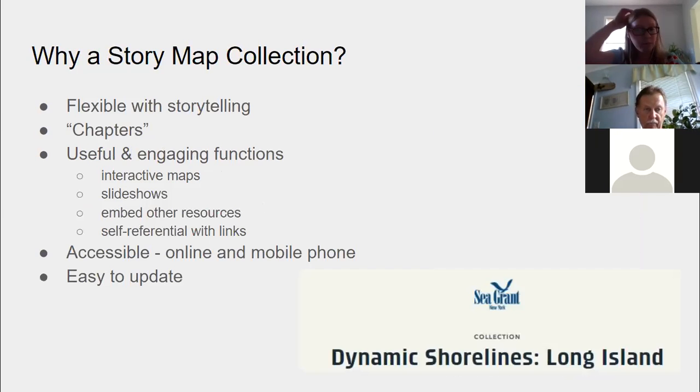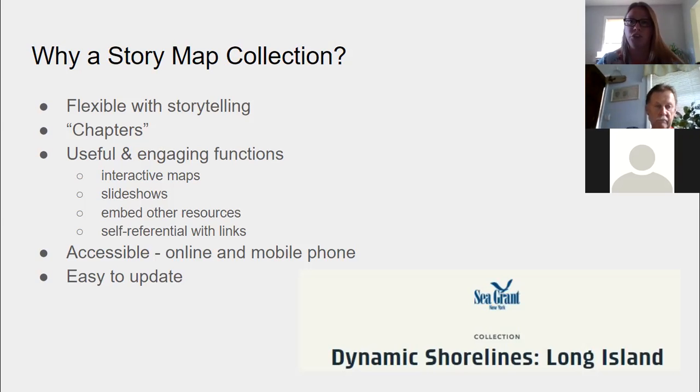So why did we decide on a story map collection? The story maps really allow us to be a lot more flexible with our storytelling. It gives us options to be able to easily update them and put in new information as it becomes available.